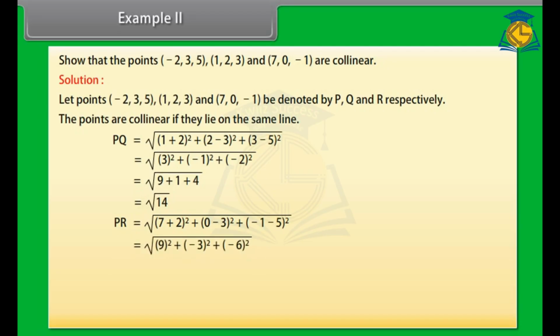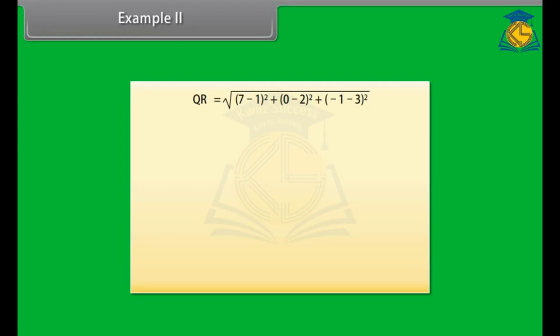After calculating PR, we get 3 into square root of 14. QR = square root of (7 − 1)² + (0 − 2)² + (−1 − 3)². After calculating QR, we get 2 into square root of 14.